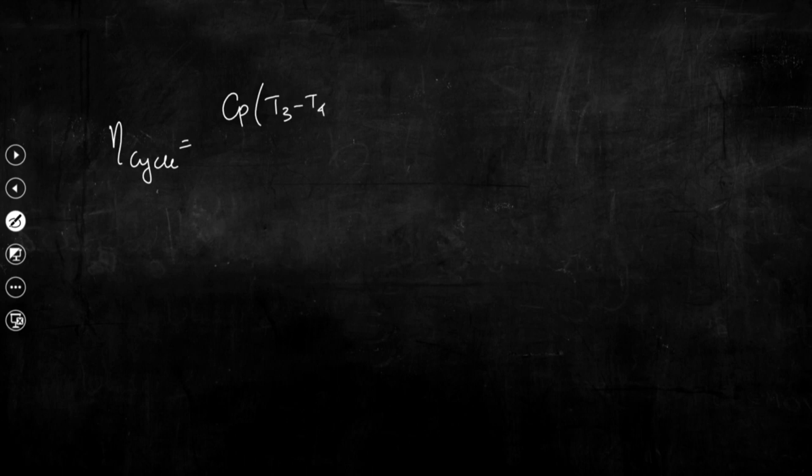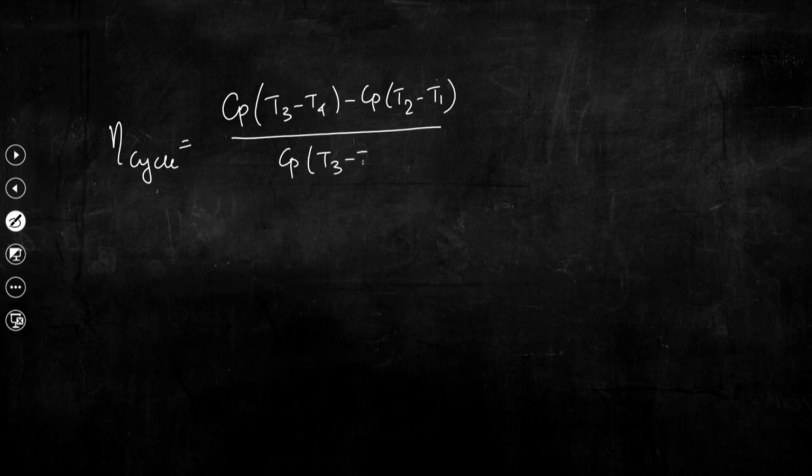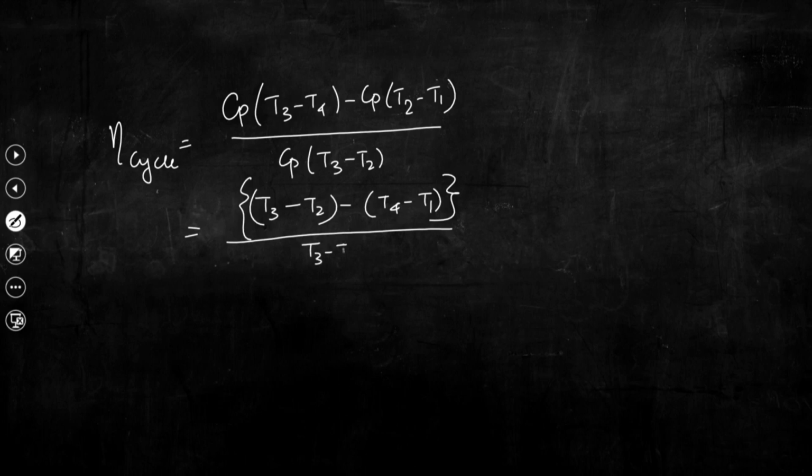So, if we now write the cycle efficiency, then eta cycle equal to Cp into T3 minus T4 minus Cp into T2 minus T1, divided by Cp into T3 minus T2. We can write one step further: T3 minus T2 minus T4 minus T1, divided by T3 minus T2, and that is basically 1 minus T4 minus T1 divided by T3 minus T2.